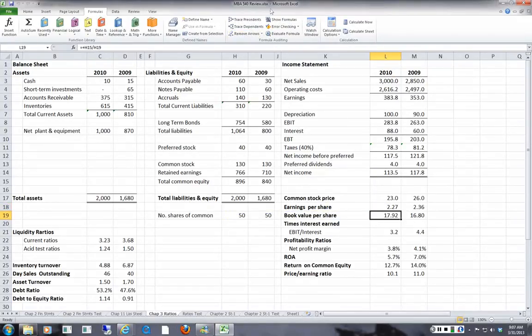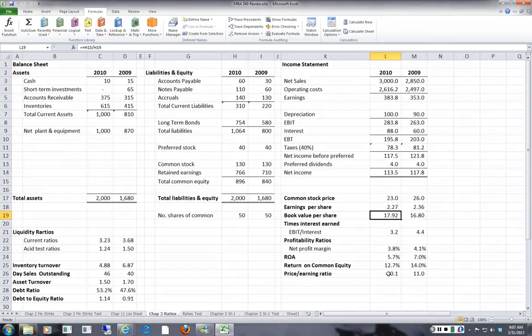Then we're going to do book value per share, which takes the common equity of 896 and divides that by the number of shares, which in this case is 50. So it's $17.92. So we've got common stock price of $23, earnings per share of $2.27, and book value, which is less than common stock, of $17.92.